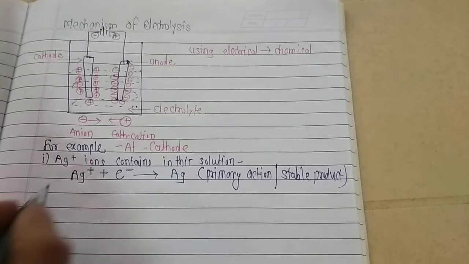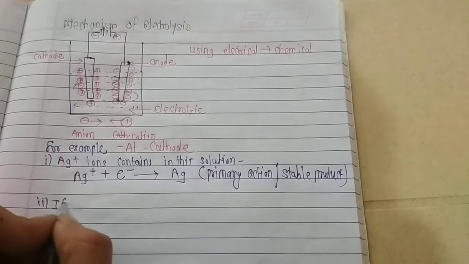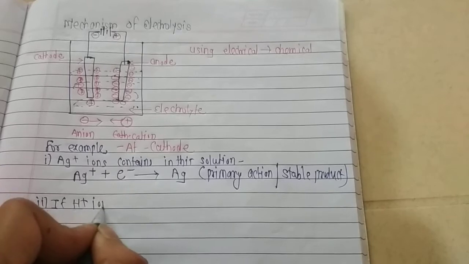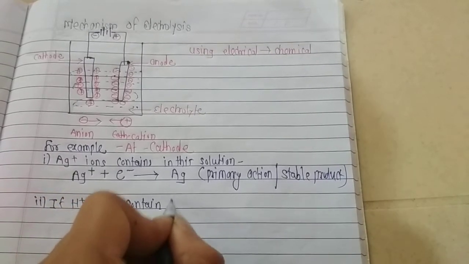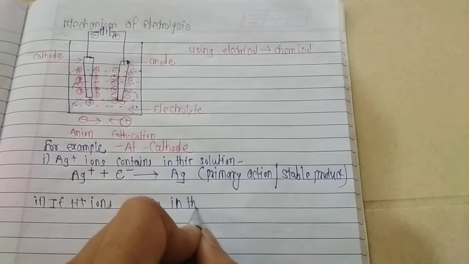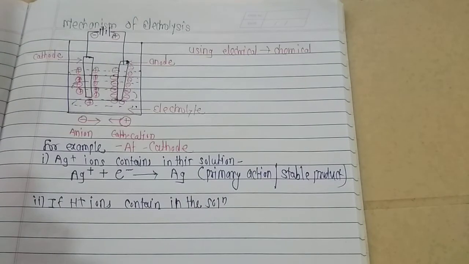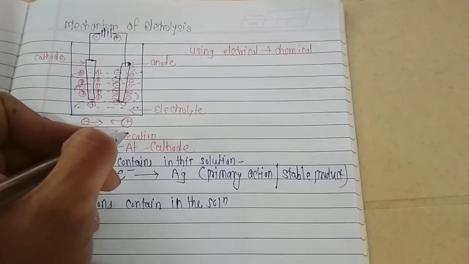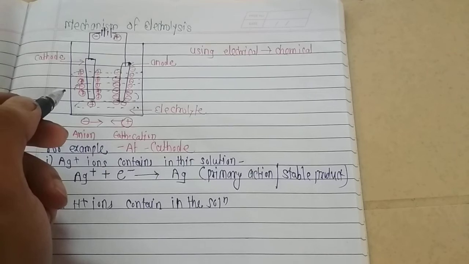Okay, if I write here a second example: if H+ ions are present in the solution, if this electrolyte contains H+ ions, what happens here? These H+ ions have a positive charge, they are cations, therefore they go towards the negative electrode, the cathode.